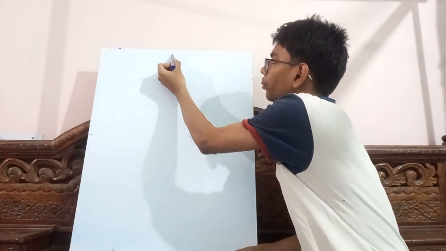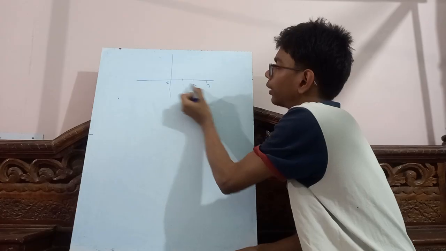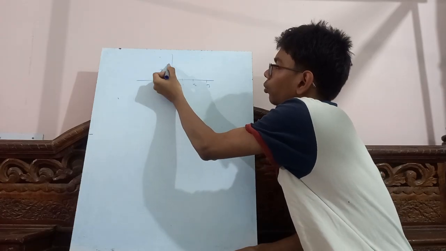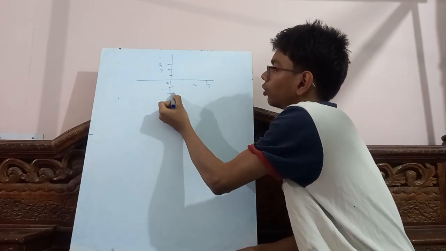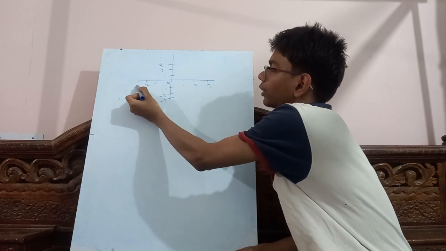Suppose I have a number line: 0, 1, 2, 3, minus 1, minus 2, minus 3, right?